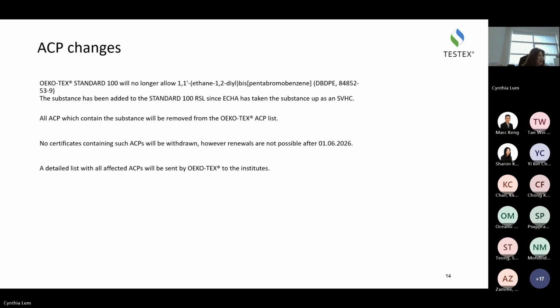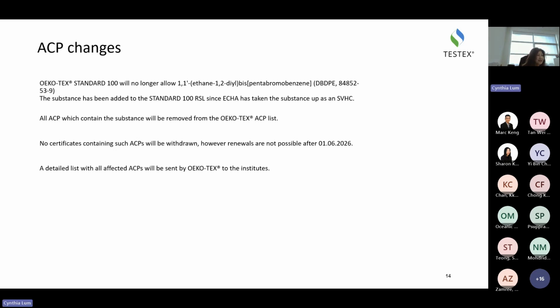So all ACP which contain this substance, DBDPE, will be removed from the ACP list, meaning that in the past we have told you that if you're using anything that has an active chemical base, you will need to make sure that it exists on the ACP platform on the OEKO TEX website. So once they are not on that, you will not be allowed to use them. So they will be removed.